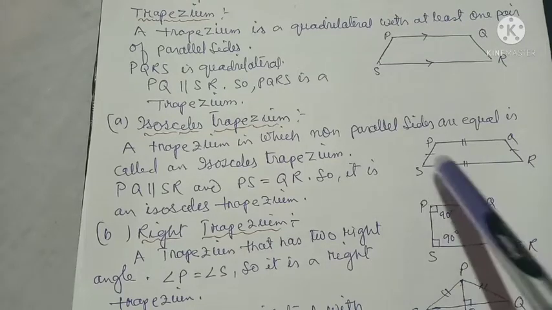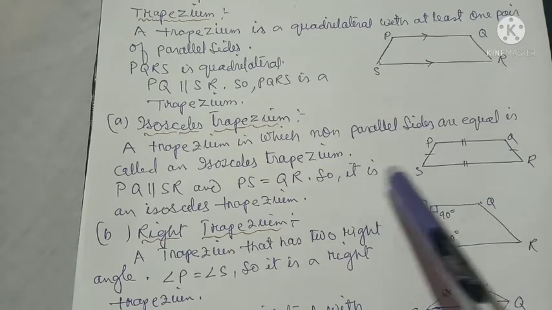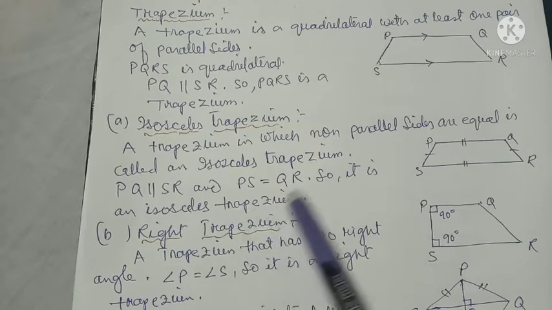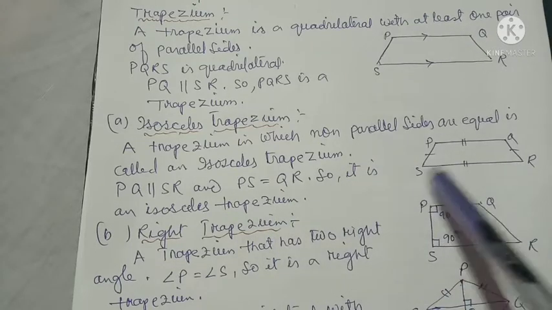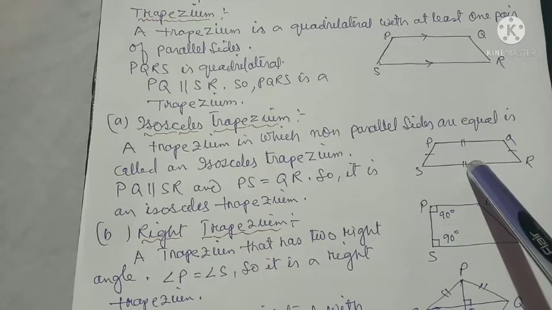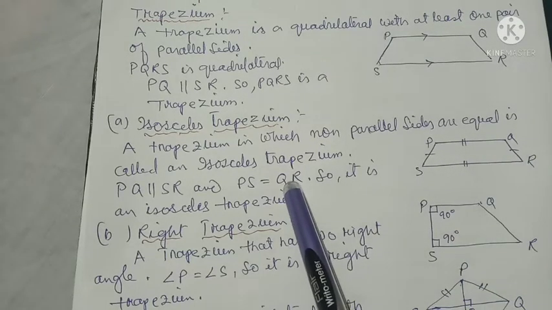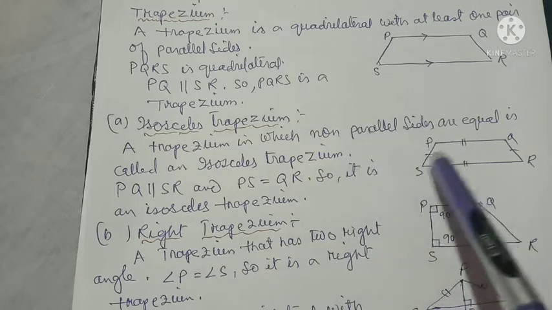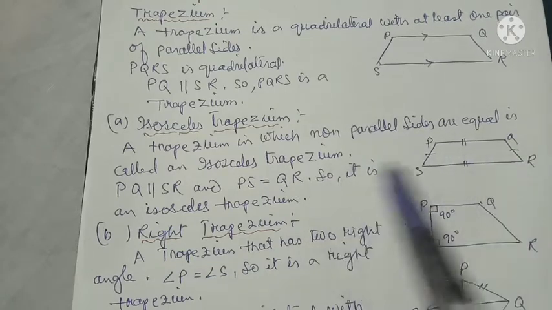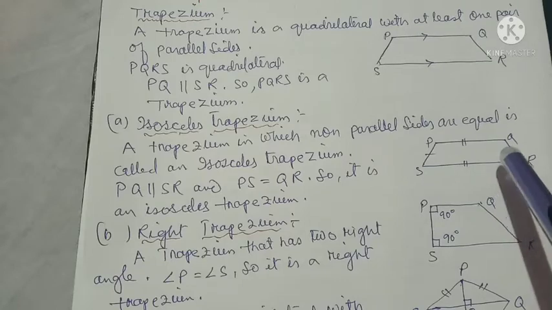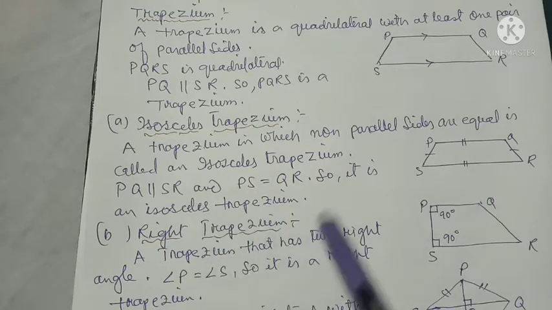In that case, this figure PQRS is said to be an isosceles trapezium. That is, the non-parallel sides should be equal. Then we can say this figure is an isosceles trapezium.